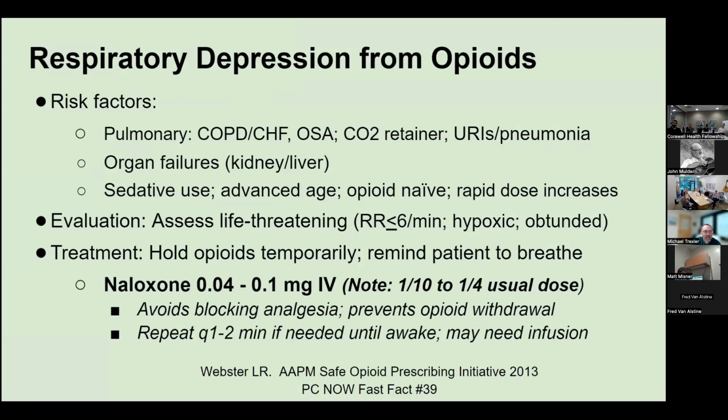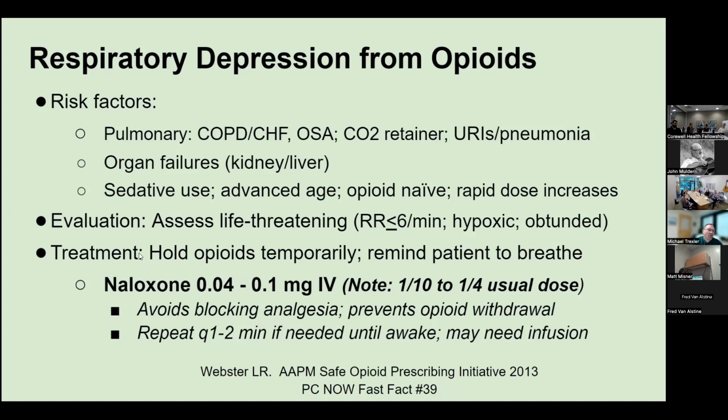Respiratory depression is the most feared side effect of opioids, besides constipation. Patients fear constipation, doctors fear respiratory depression. Risk factors: anybody with heart and lung disease, COPD, heart failure, obstructive sleep apnea, especially if they're a CO2 retainer. And if they develop upper respiratory infections or pneumonia, they may be more sensitive to the respiratory depression effects because they're already generally on the more tired side.